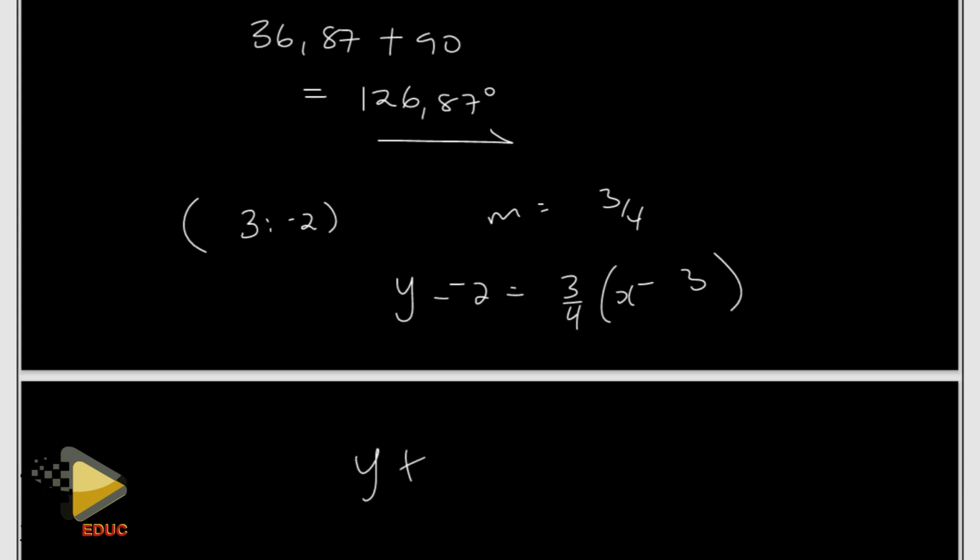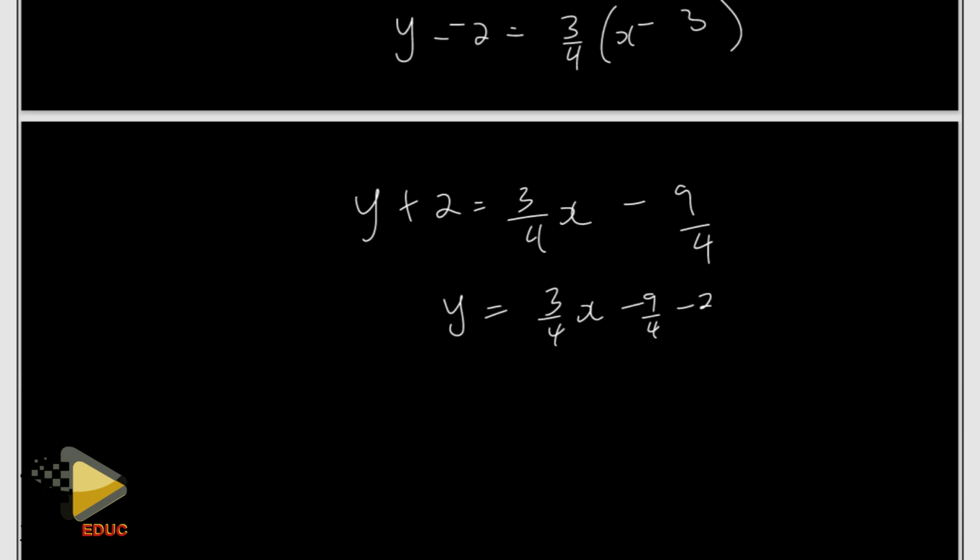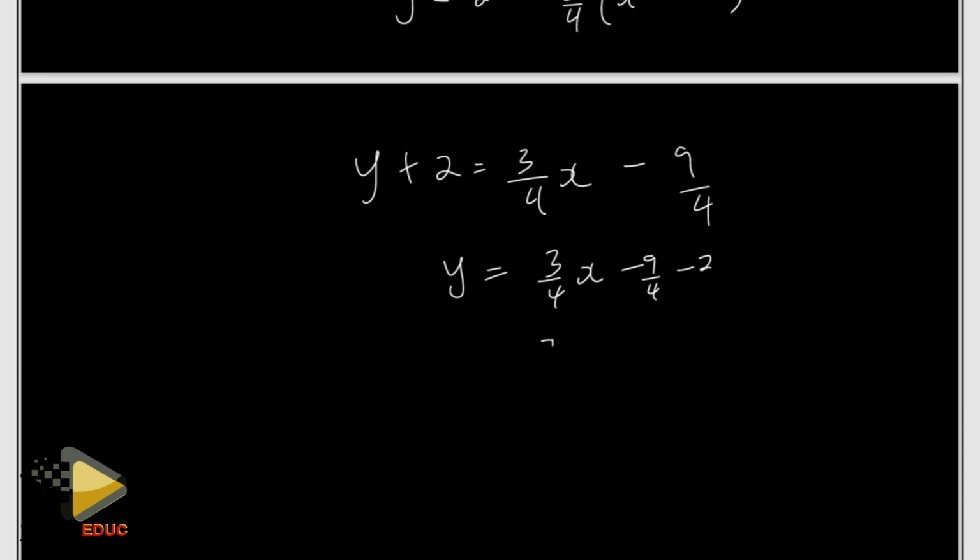Then y plus 2 is equal to 3 over 4x minus 9 over 4. Move the 2 that side. It's 3 over 4x minus 9 over 4 minus 2, which is like 17 over 4. So 3 over 4x minus 17 over 4.